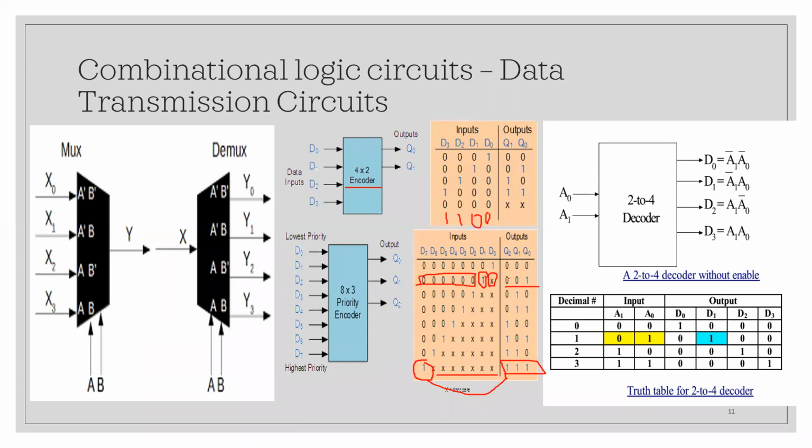Now what it implies is, if you check the truth table, when D3 is 1, these all compulsorily have to be 0. Then only the output will be 1, 1. But here, if D2 is 1, the remaining two have to be 0, and this one also has to be 0.